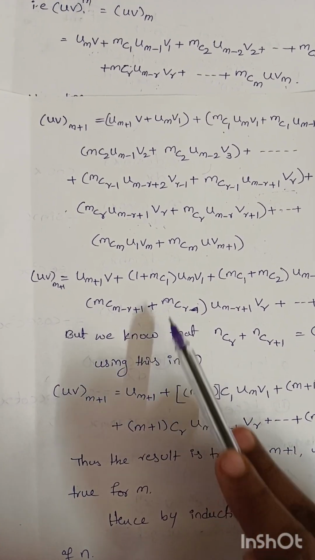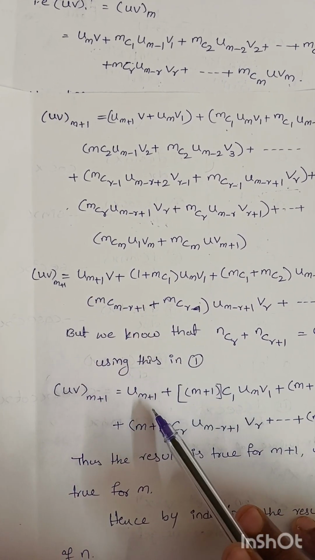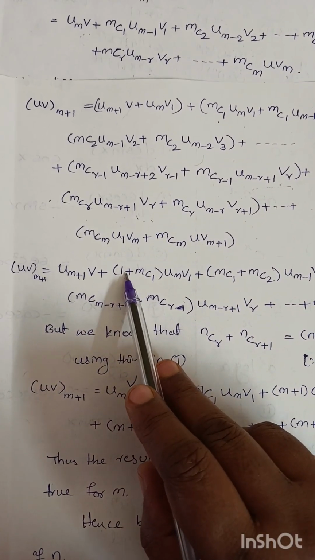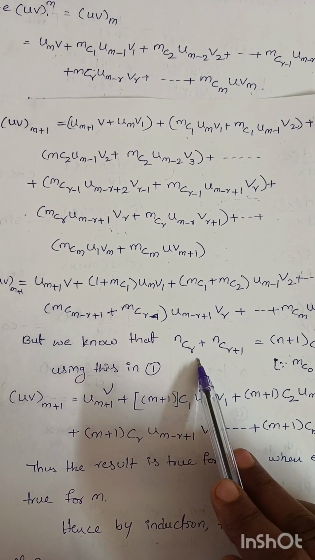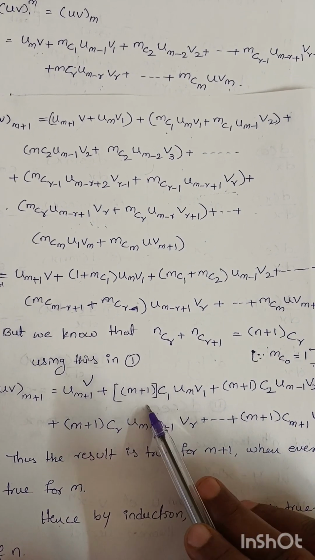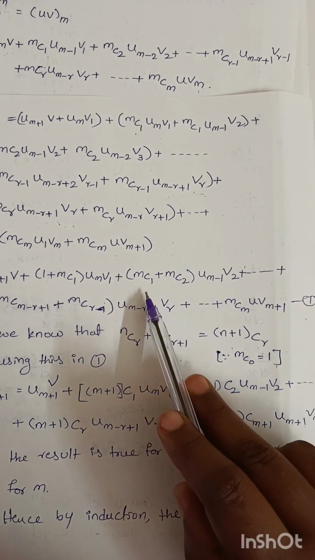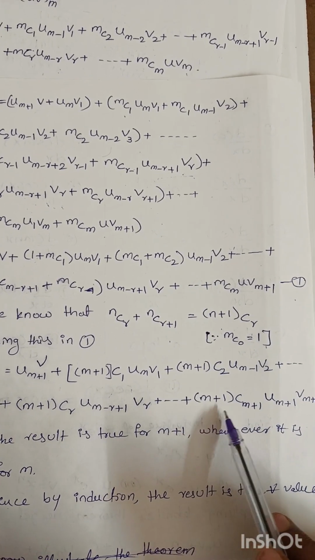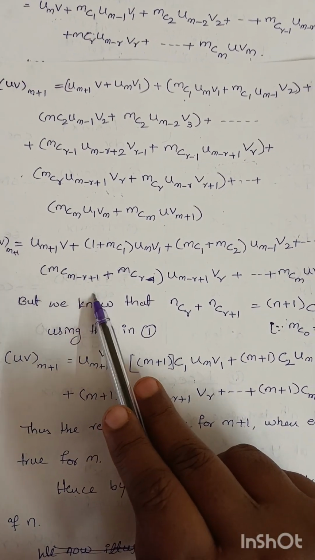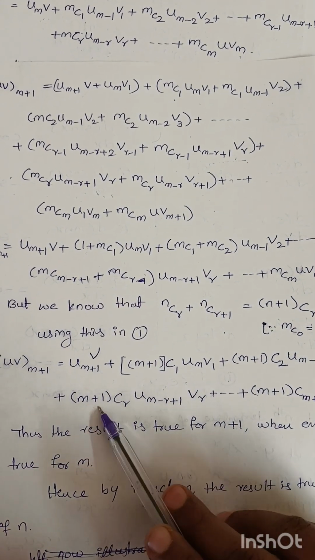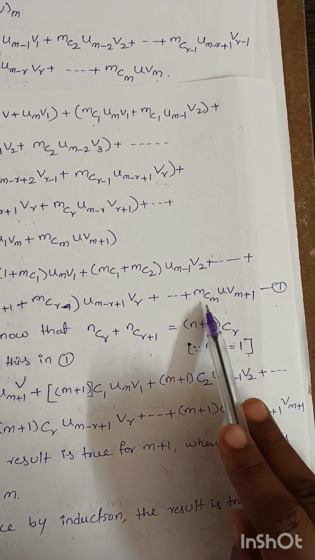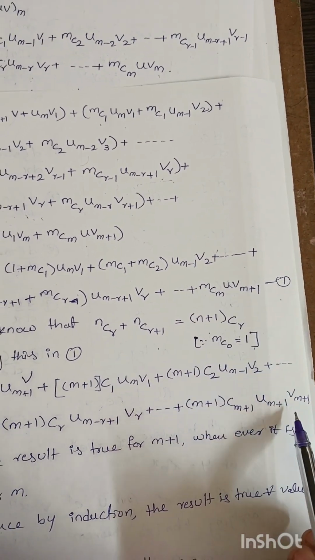So using this in equation 1: um+1 v as it is, plus for 1 we can write mC0 plus mC1, which is (m+1)C1, so (m+1)C1 um v1, plus mC1 plus mC2 equals (m+1)C2 um-1 v2, and so on, plus (m+1)Cr um-r+1 vr, plus and so on, plus (m+1)C(m+1) uvm+1.